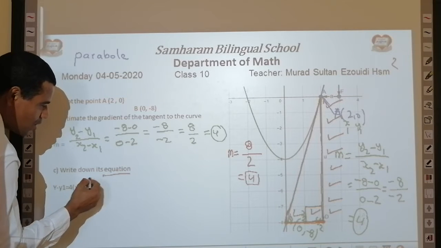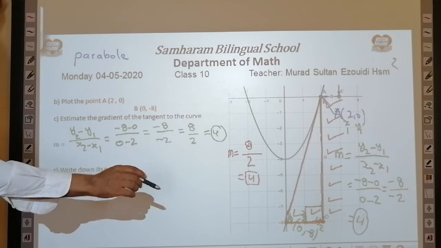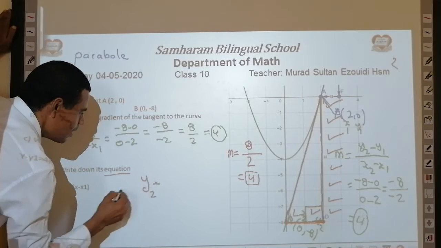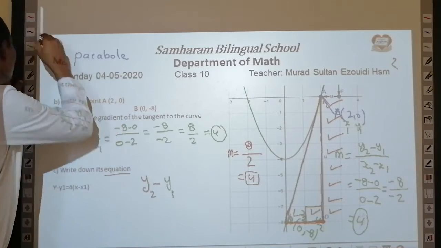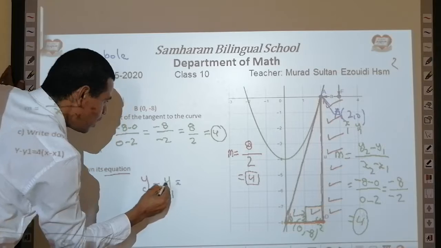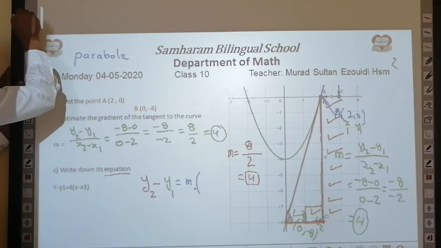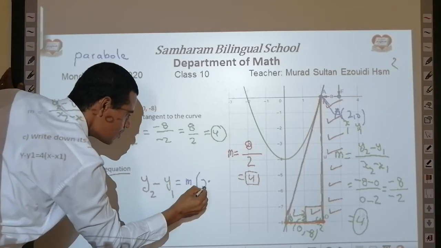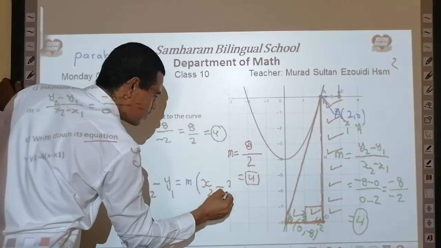So now as we found the gradient, I will use it to find the equation of this tangent to the parabola. I will write y2 minus y1 equals m multiplied by x2 minus x1.